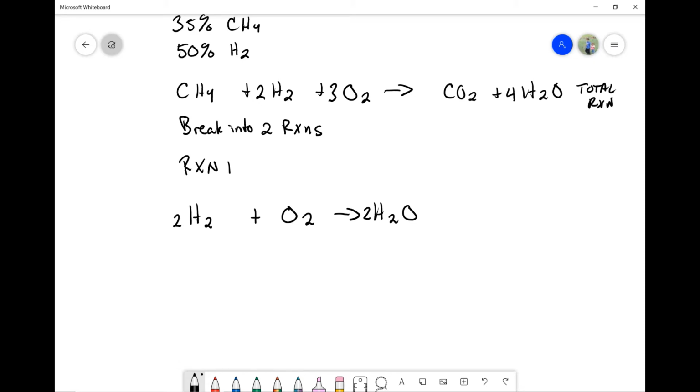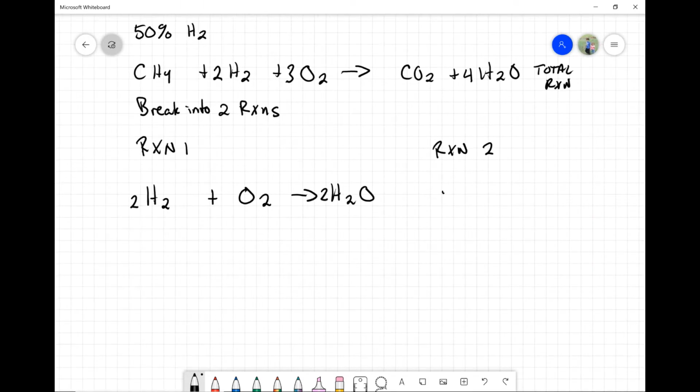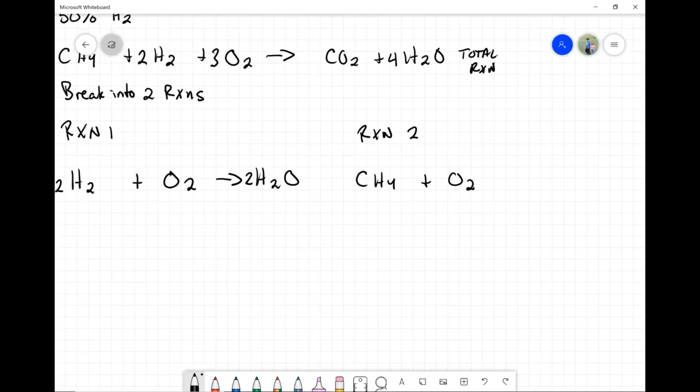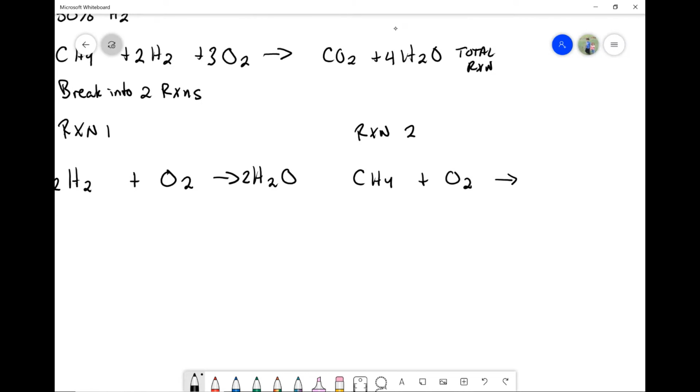And then reaction 2 is the good old CH4 plus O2 yields, and we need to balance that one the same way, and it is 2 H2O.